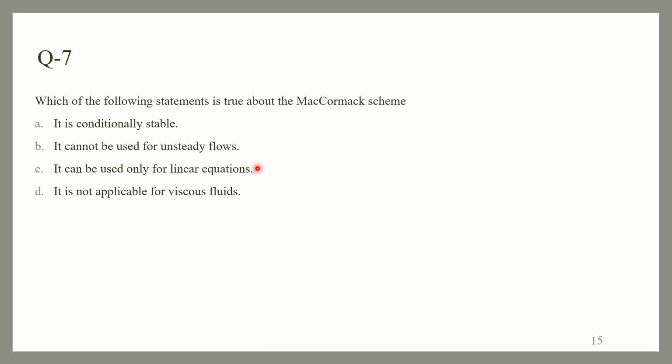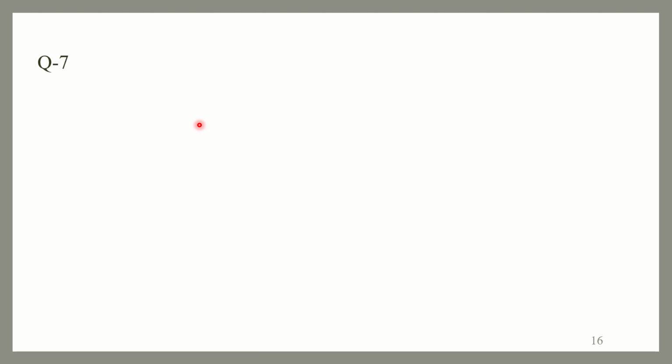So the only option left is that it is conditionally stable. In general, for the McCormack scheme we have conditional stability. The stability criterion requires that the time step be less than certain values.